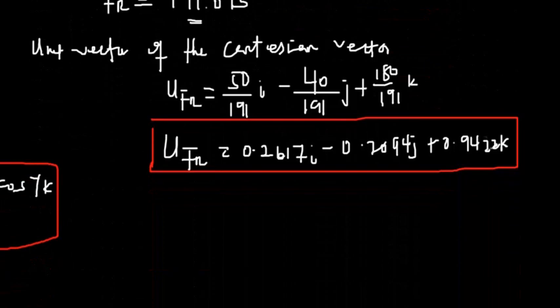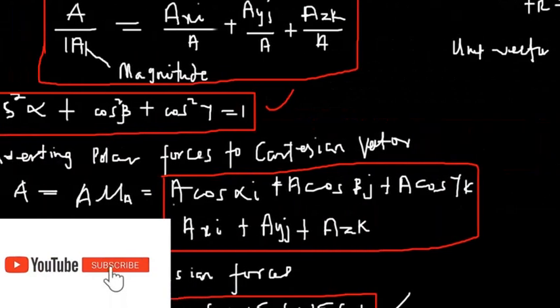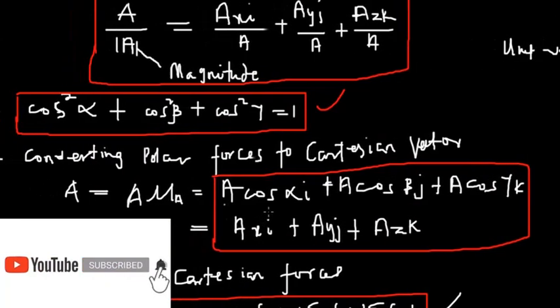Now, from these unit vectors, you could just find the respective angles. You know that cos alpha corresponds to i, cos beta corresponds to j, and cos gamma corresponds to k.